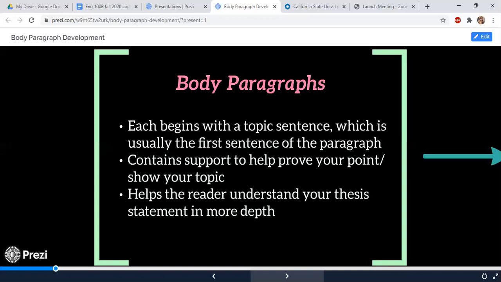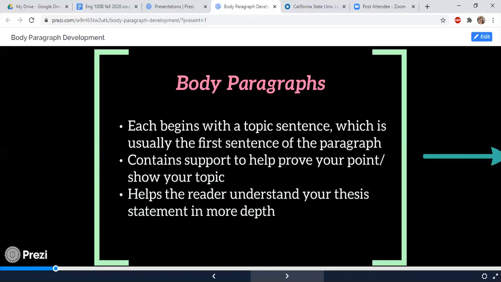Okay, so like in the example from the video about effective thesis statements, we looked at this idea of someone arguing that social media was negatively impacting the mental health in their community, and the supporting points they listed, because they had a listing thesis, was that peers were comparing themselves to one another.